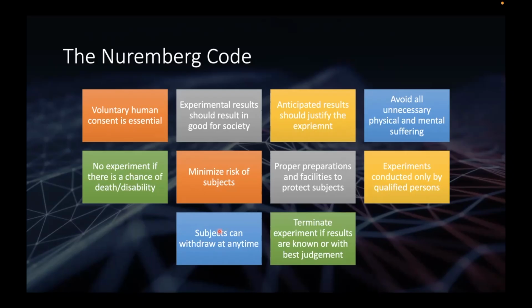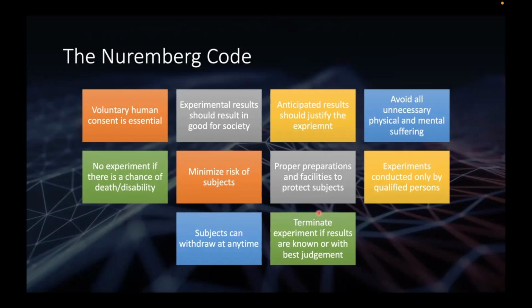And very important is that the subject can withdraw at any time during the course of a research. And lastly, the last principle in the Nuremberg Code is to terminate the experiment if results are known, that's one, or to terminate the experiment with best judgment. So once you get the results, the experiment should be terminated.